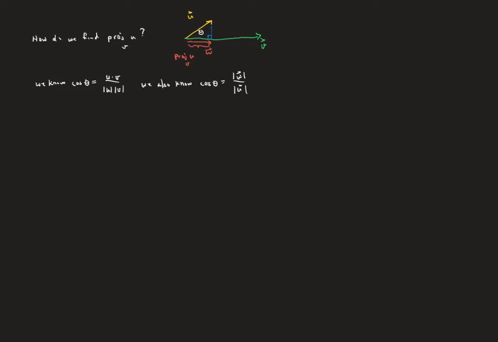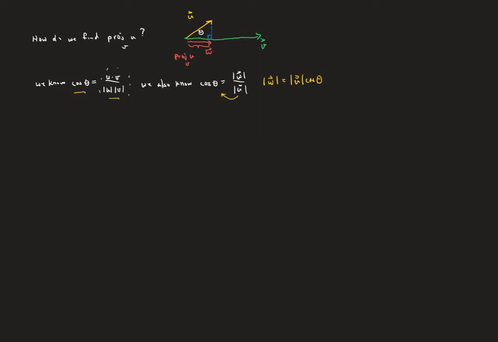Okay, since those are two different ways of getting at that same cosine theta, in this second expression we can multiply the magnitude of U to the other side and get that the magnitude of the projection vector is the magnitude of U times the cosine of theta. Now we're going to come back over here and replace the cosine theta we see in yellow by this stuff.